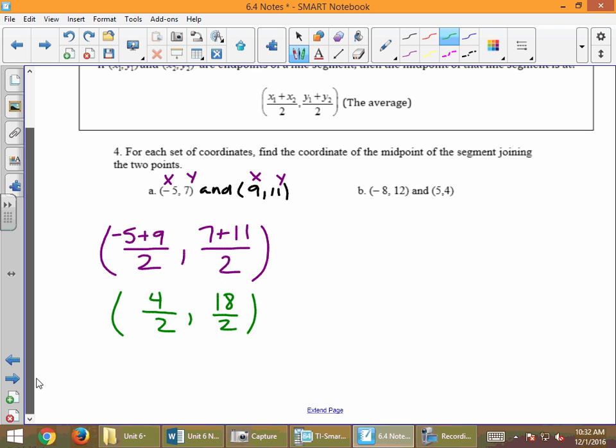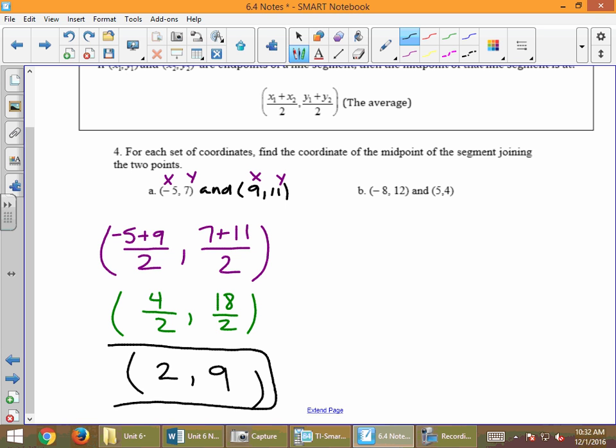What must we always do with fractions? Let's simplify them. What's 4 over 2? What is 18 over 2? That point is directly the middle. So if you were to plot these 2 points, 2, 9 would be right in between.